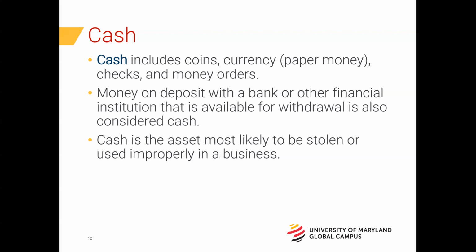Cash includes things like coins, paper money, checks, money orders. It also, believe it or not, includes the collection of credit card payments made by your customers. A way of thinking about it is when you go to purchase gasoline for your car, you have two options to pay for that gasoline.